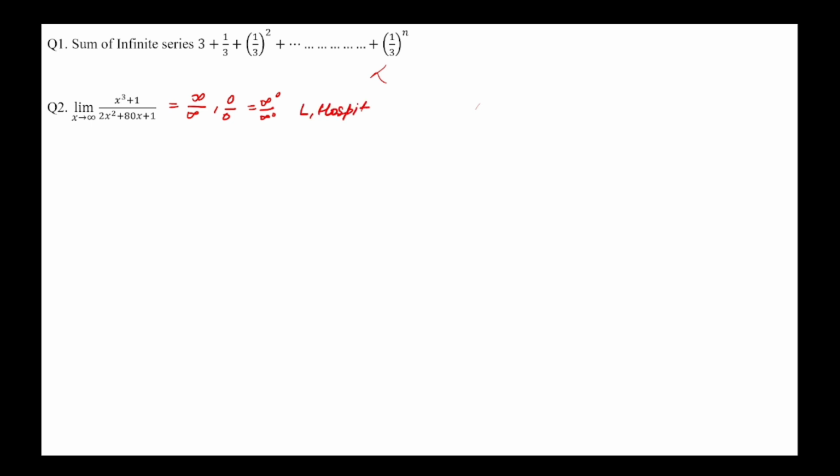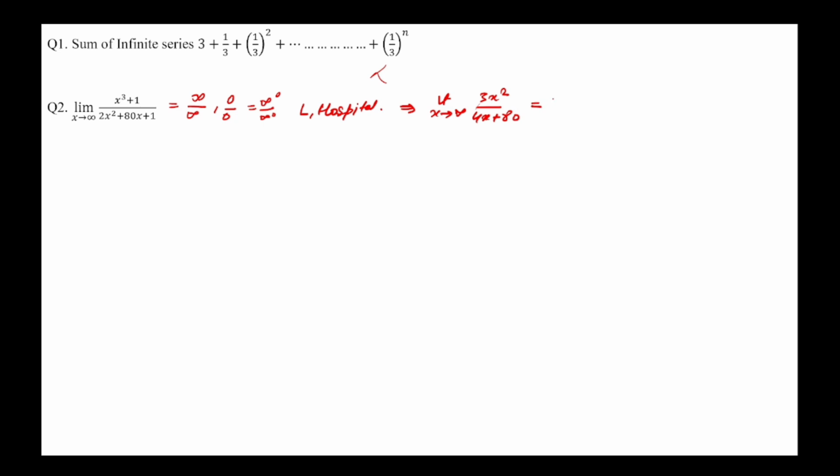So differentiate numerator and denominator. Limit x tends to infinity stays the same, 3x square plus 0 upon 4x plus 80, right? Again, if I put x equal to infinity, it will give infinity by infinity form.